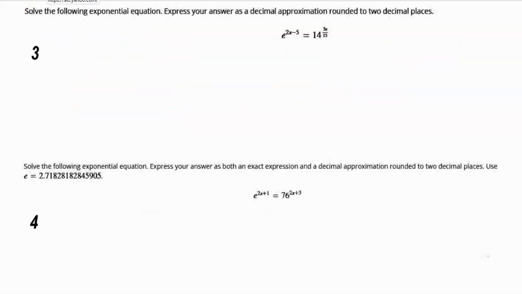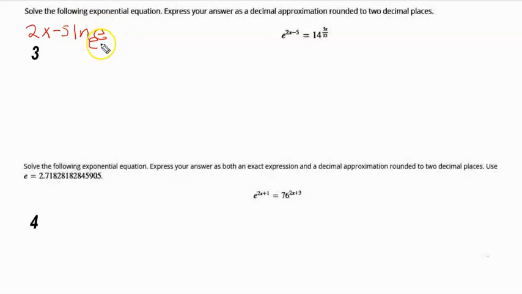Now, this one is similar to the two that we've done, but a little more challenging because our exponent on this side is a fraction. So let's set it up. It's going to be the natural log base e of e. We're going to take our exponent and put it out in front, 2x minus 5.